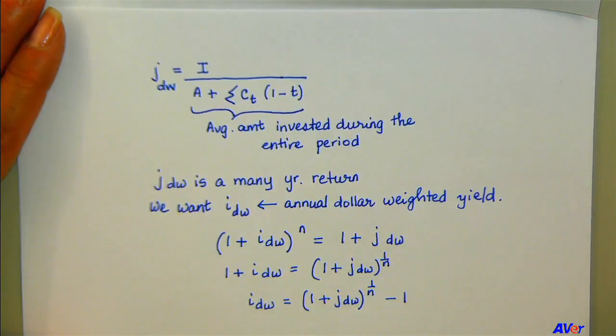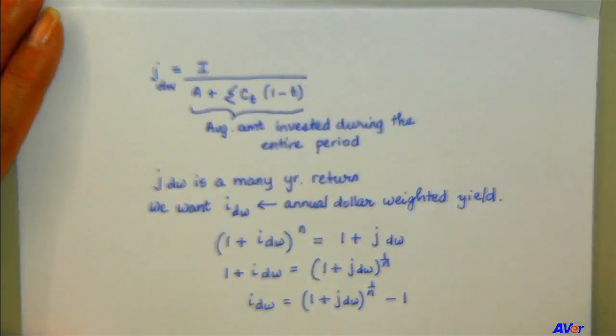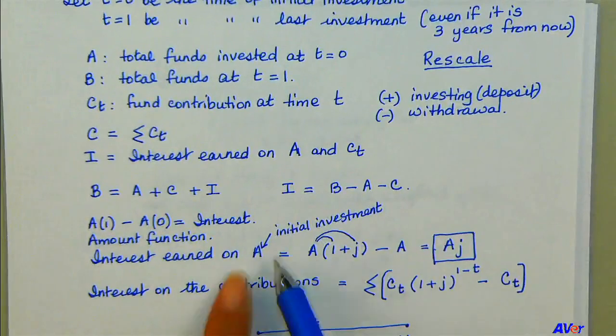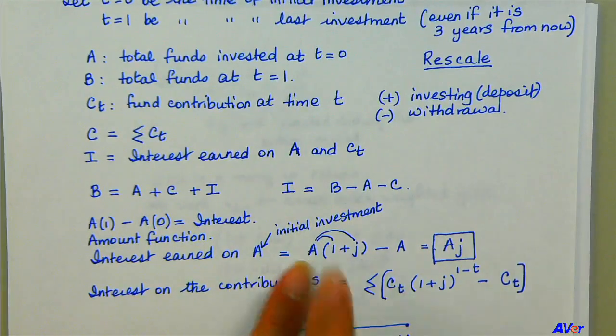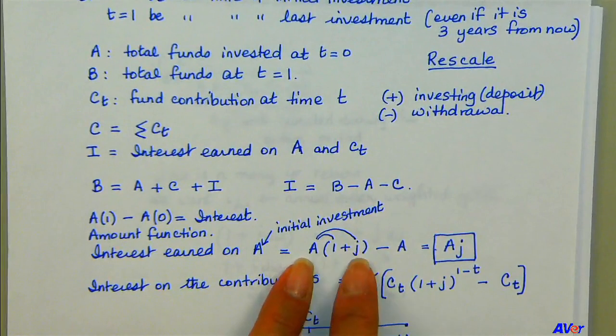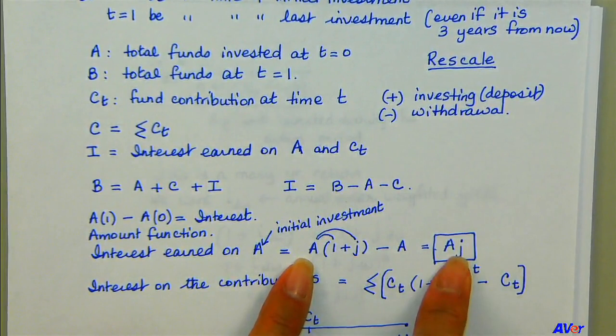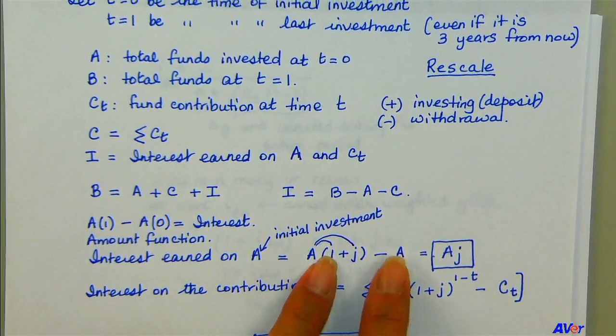So once the rescaling has been done, that A grows to A parentheses 1 plus J to the first power, because your time frame is 1 year, because you have rescaled, right? So if the total A times 1 plus J is the total at the end of the period, and if you started with A, then the amount of interest on that A is A times J, because I took the difference between what you ended up with and what you started with.